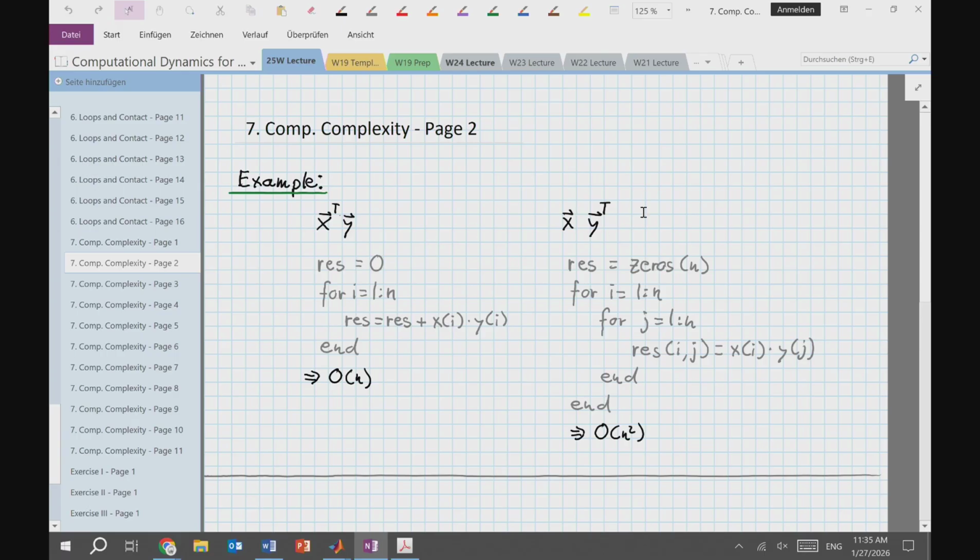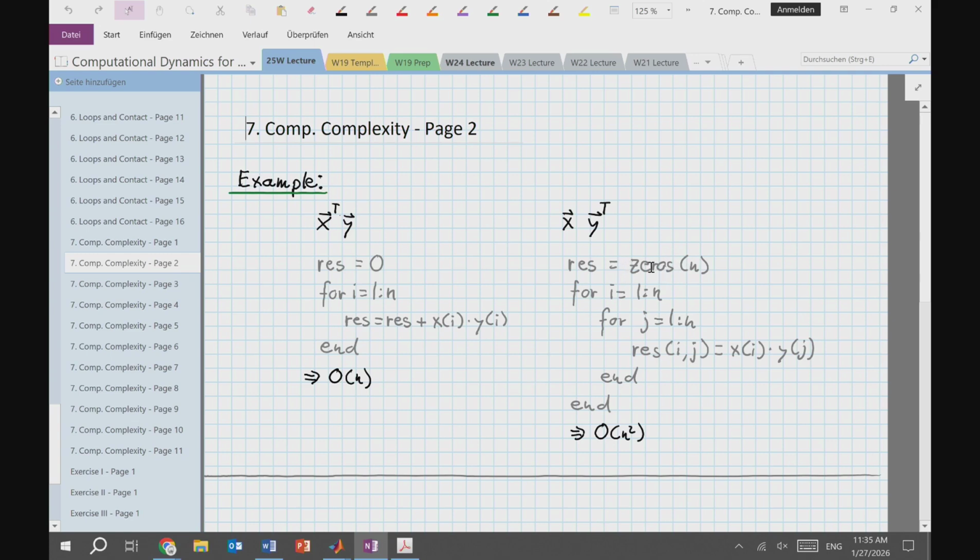If I look at this other product, x times y transposed, we know that the result is a matrix. And I now have to initialize not a scalar value, but an n by n matrix. This is MATLAB code for an n by n square matrix of zeros.